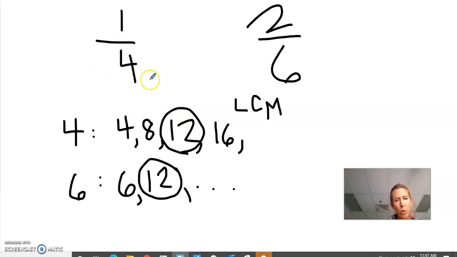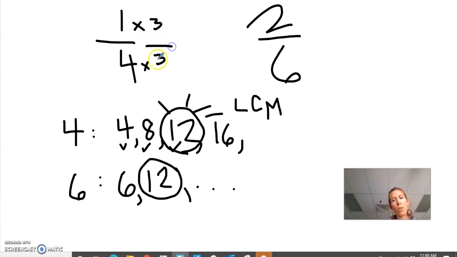Well, I need to take 4 and morph it into that 12. So how do I do that? Well, this is the 1, 2, 3, third multiple. So I'm going to take this fraction and I'm going to multiply it by 3/3 right here. And you guys, 3/3 is the same thing as 1 whole, 1.